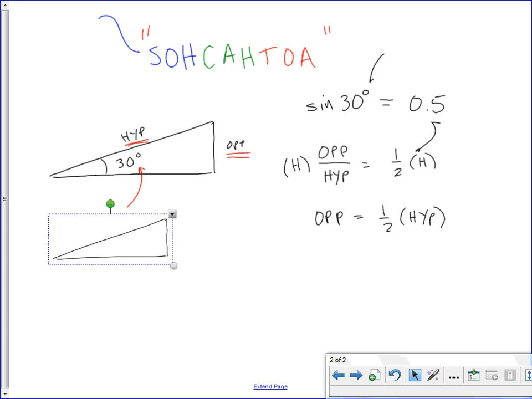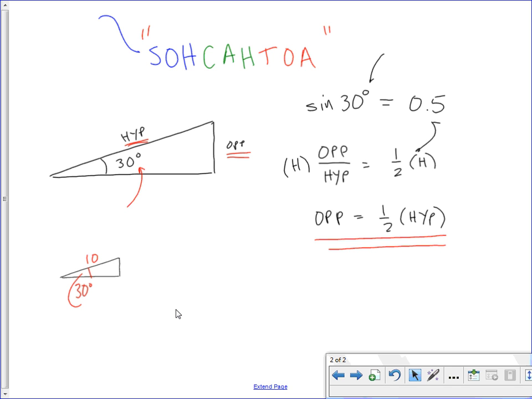Notice, even if I made it a smaller triangle, but still kept that 30-degree angle in there, this is still 30. Let's say that this is 10. Well, since that's a 30-degree angle, the opposite side has to be, by definition, half the hypotenuse. It's got to be 5.